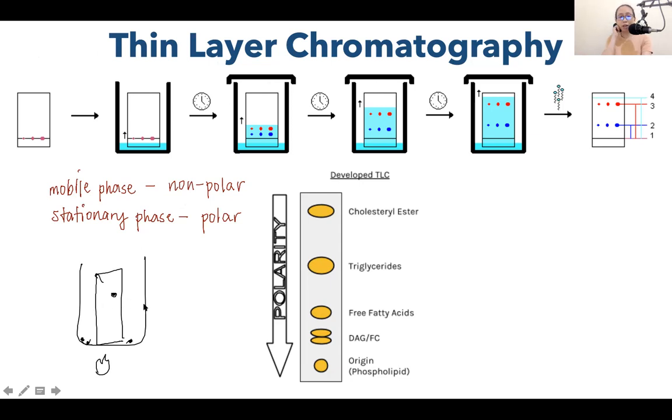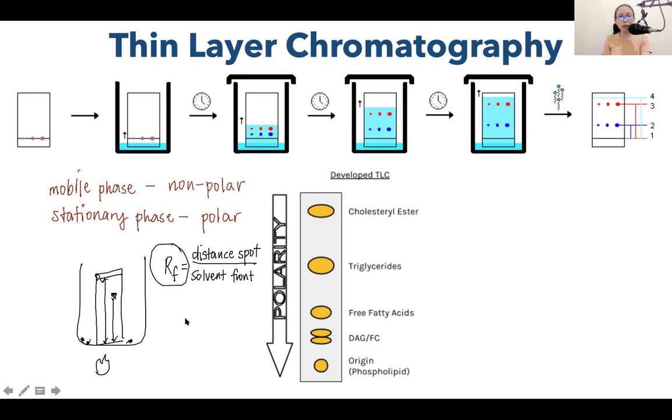And then the same, you measure the distance, but what we compute is the Rf, which is the distance of the spot over the solvent front. The solvent front is how far the solvent traveled before it stopped. You measure that, and then you measure the distance traveled by the spot, and get the ratio.